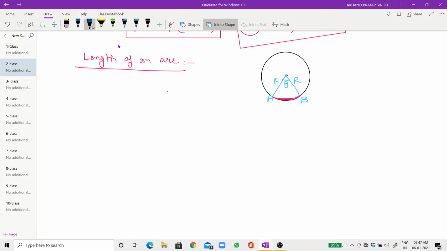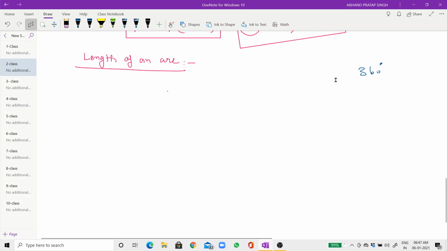So what is the concept? We use the unitary method to derive the length of an arc. Suppose this whole portion covers 360 degrees. Sorry, we have deleted all this by mistake, so draw again.